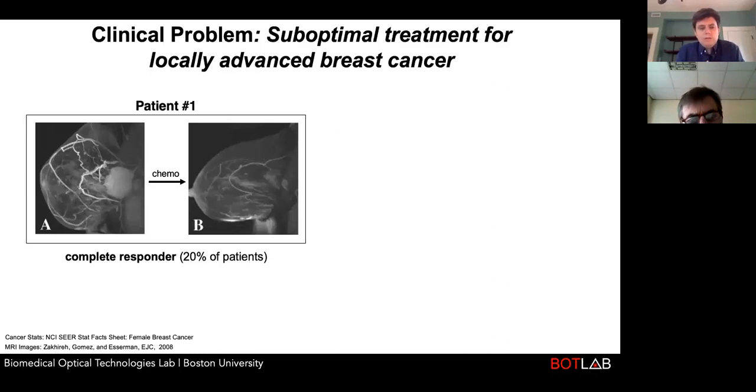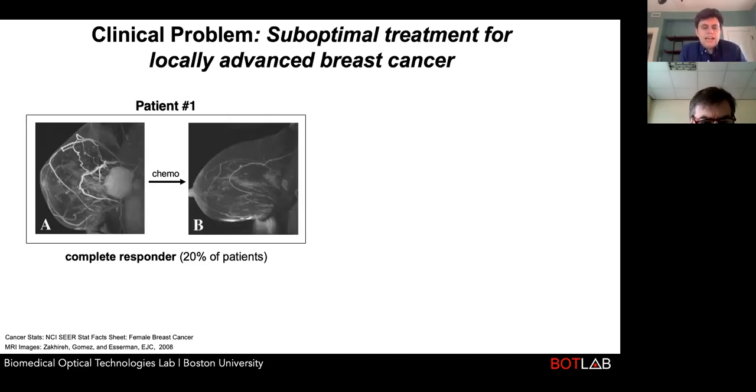What's locally advanced breast cancer? Here's an example of a locally advanced breast tumor. This is an MRI image, and you can see the tumor against the chest wall in the breast. It's locally advanced because it's grown quite large in the breast, but it hasn't metastasized to other parts of the body yet. That's the local part.